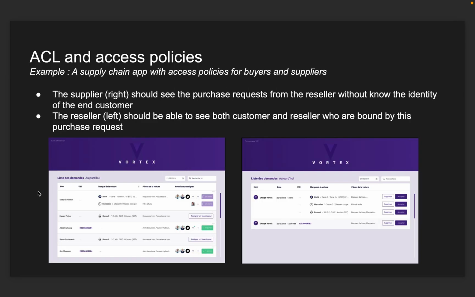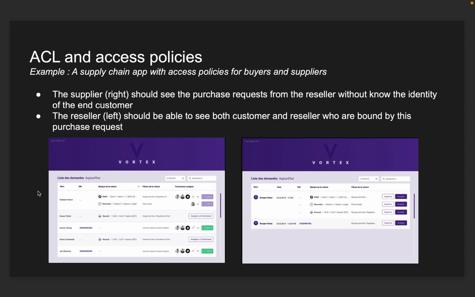An example here. This is a project that we are doing that puts in contact people who are selling car parts and people who are buying car parts, as large suppliers, as company suppliers, without having them know each other.